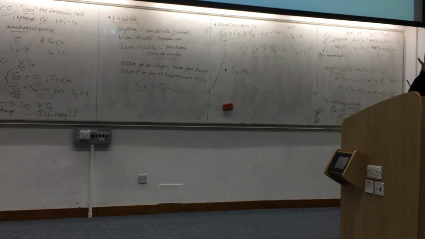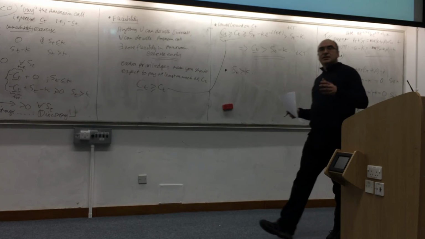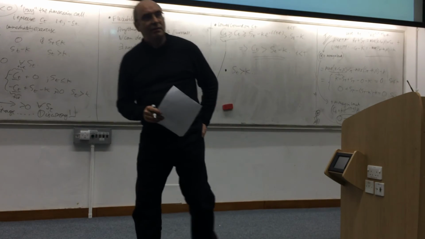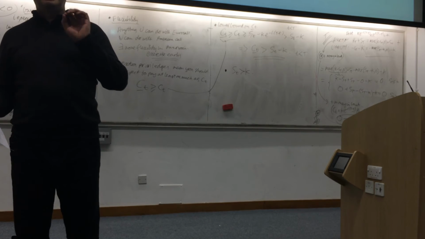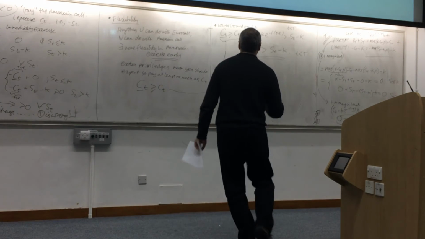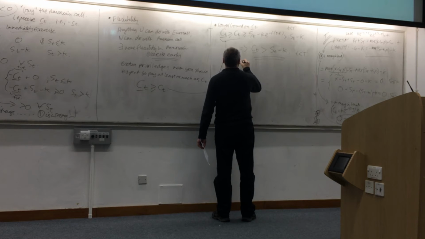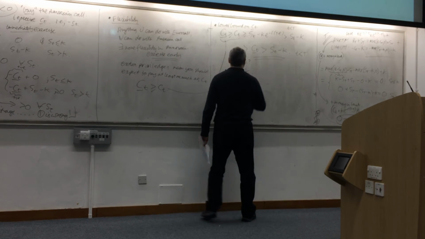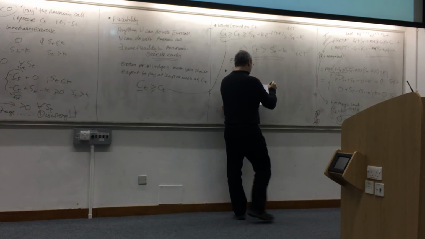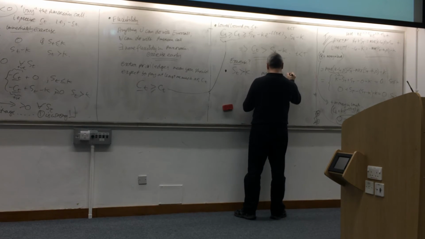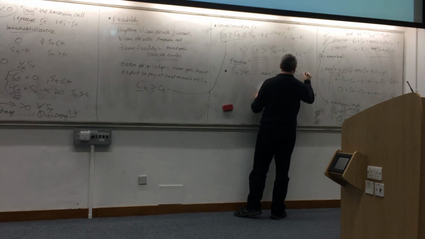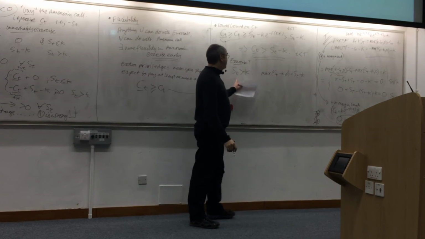I have a choice with an American option: to keep that option in my back pocket or to exercise it. If I exercise it, what do I get? If St is greater than K, I get the max of St minus K and 0, which is St minus K.